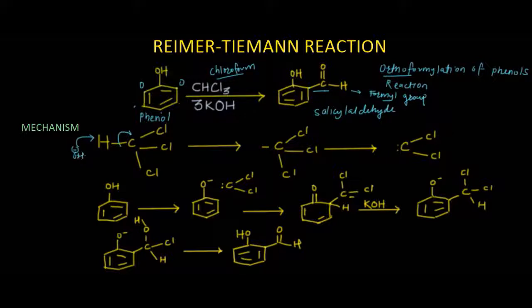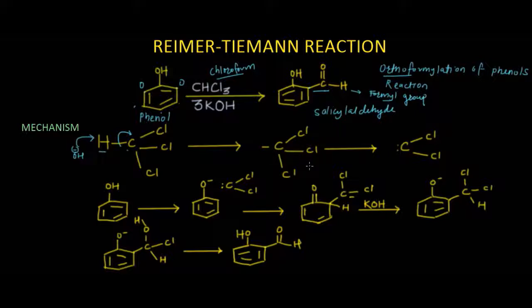In first step, hydroxide will donate the pair of electrons to this hydrogen so that there is a formation of sigma bond between the oxygen of hydroxyl group and hydrogen, and meanwhile the sigma bond between hydrogen and carbon will be getting broken so that we get this intermediate which is unstable because the carbon is having only 3 bonds. However, valency of the carbon is nothing but 4.